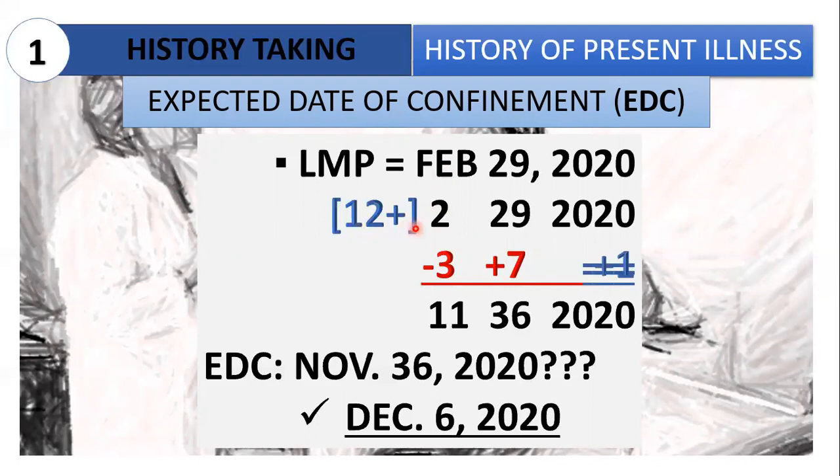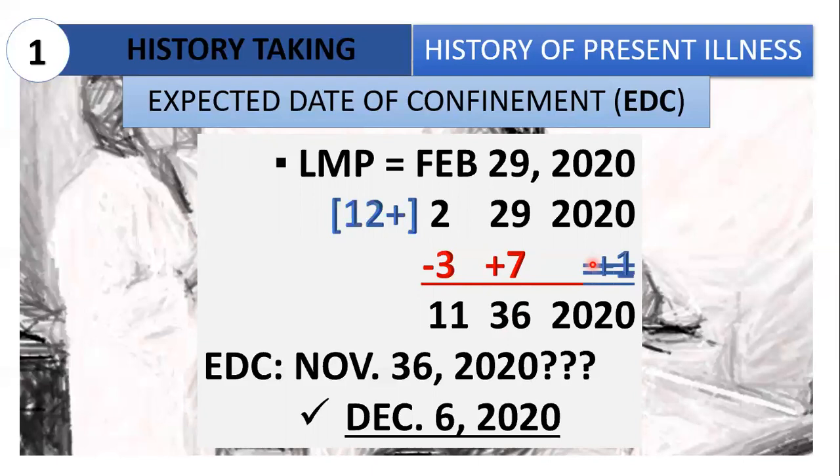That way, we will be able to subtract 3 months, and that is equivalent to 11. And then we still do the same, add 7 days, 29 plus 7, so 36. But then we no longer add plus 1 year, okay?